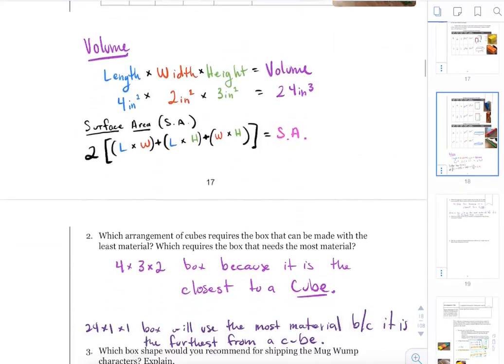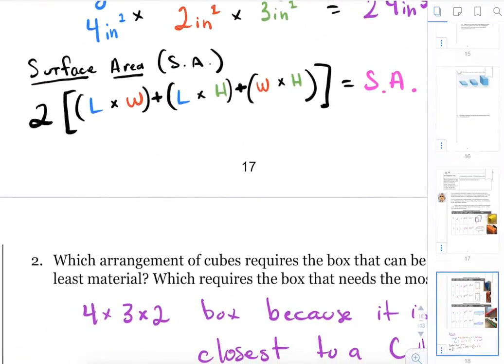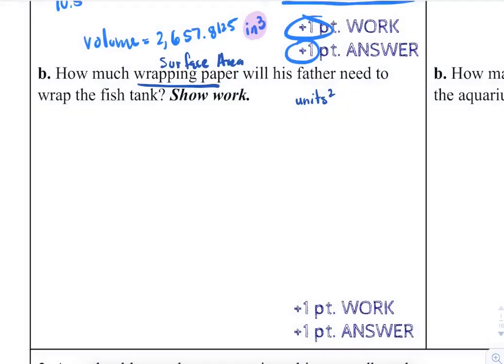We'll get the formula there for a rectangular prism. Should be page 16. It's right here. So there's a surface area formula. There it is. I'm going to use that: length times width, length times height, and width times height.